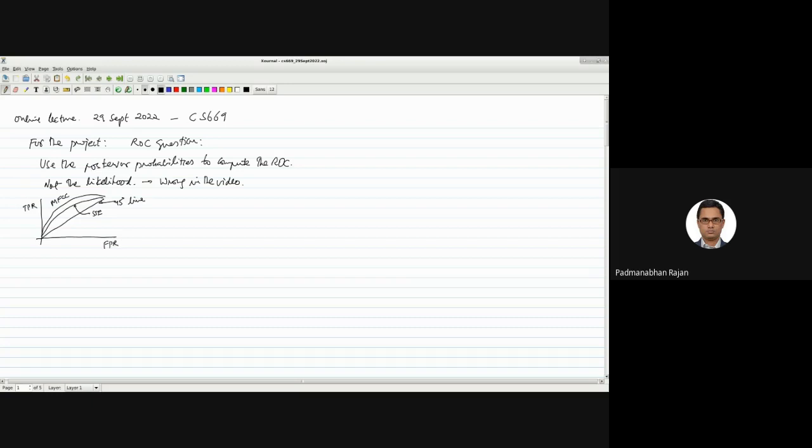Basically, your MFCC features are better at discriminating speech from non-speech than short-time energy features. That is what you should conclude, and your ROC should reflect that. So please do it.